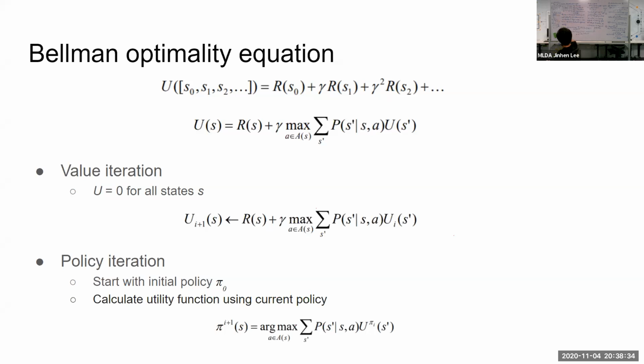So from our calculation here, we will know that everything here is negative 0.04, and this one is +1, this one is -1. So this one is negative 0.04, and this one is negative 0.04, and this one is 1.